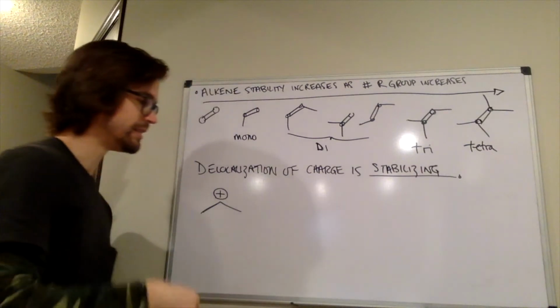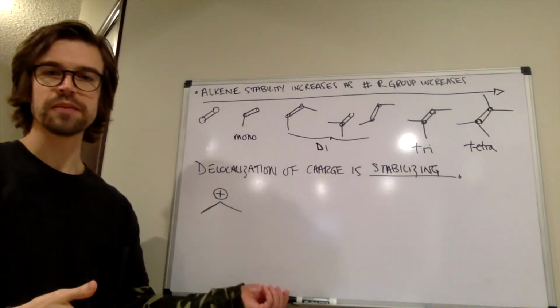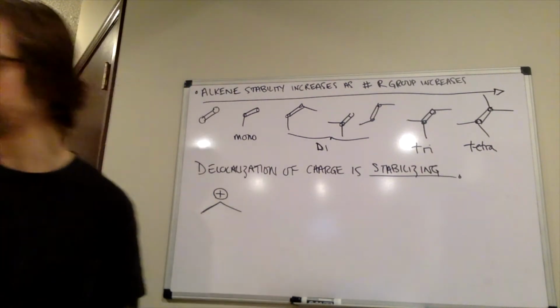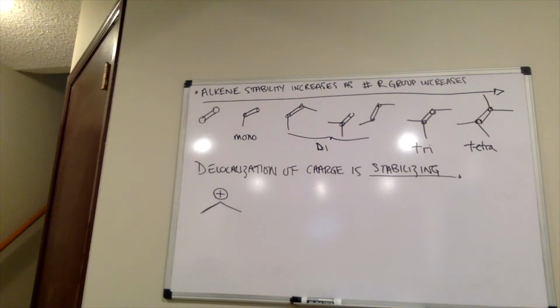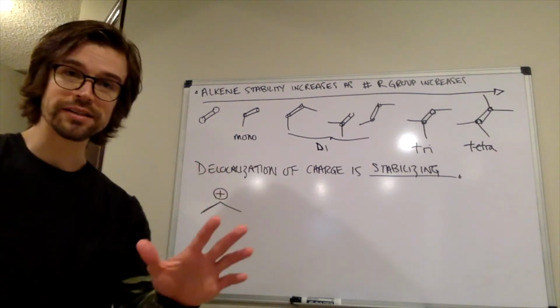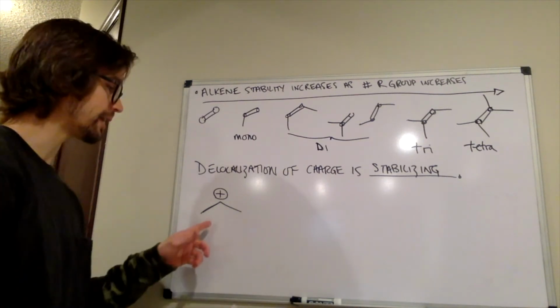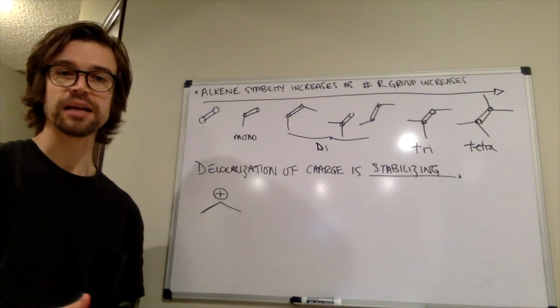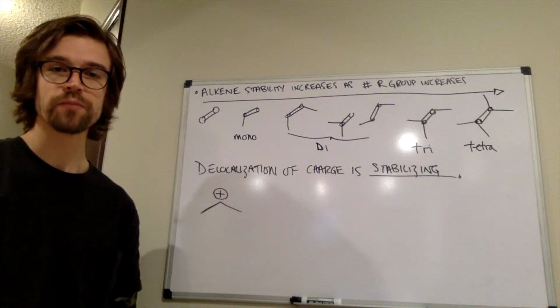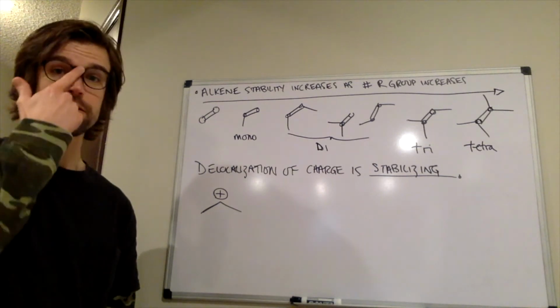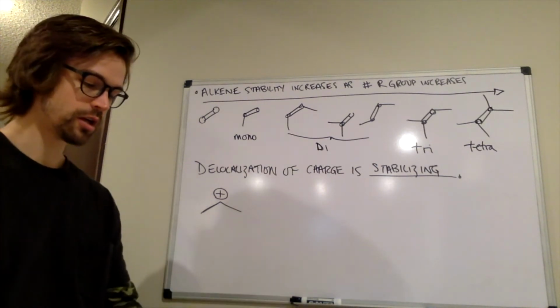So a secondary carbocation was more stable than a tertiary carbocation. Sorry, what I meant to say, walk back that last comment, not true. What I meant to say is a secondary carbocation is more stable than a primary carbocation. And we rationalize that through this idea of hyperconjugation.